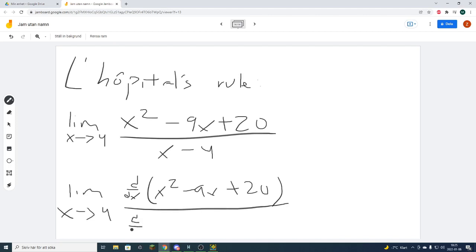Let's write our limit as x goes to 4 of: x squared has derivative 2x, minus 9x, which has derivative 9, plus 20, which is just 0. So 2x minus 9 is the derivative. And then on the bottom, x minus 4 has derivative 1, because 4 is a constant, so its derivative is 0. So this is going to be our next expression.